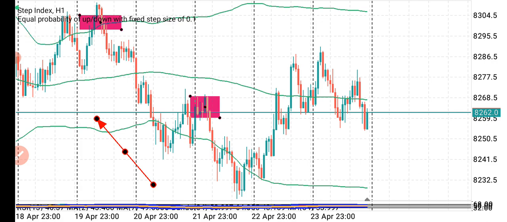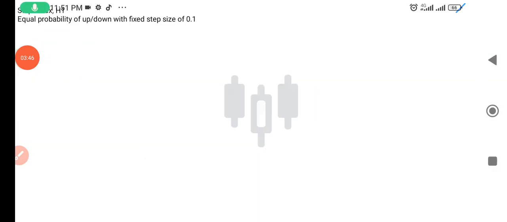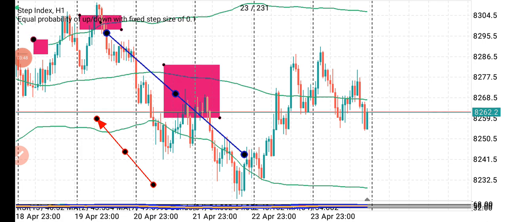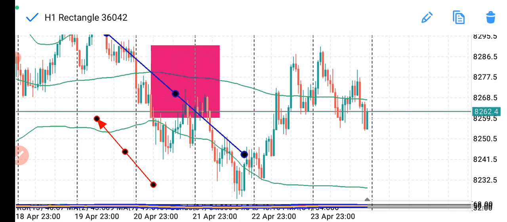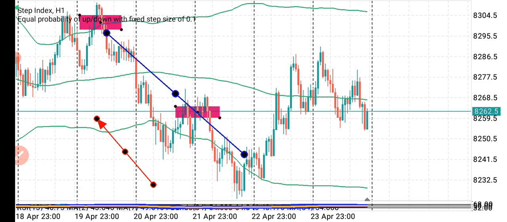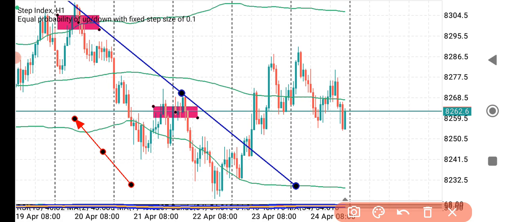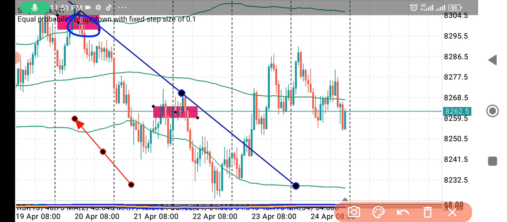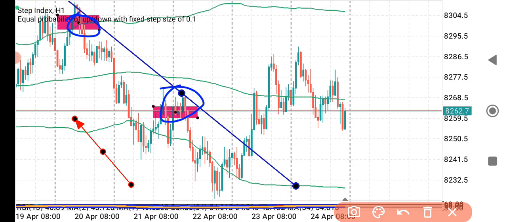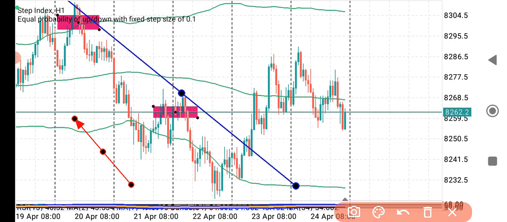So we can easily pick up our trend line and connect it. This is our trend line. So you see beautifully, we have these 2 points connected together. So this is how to draw our trend line.